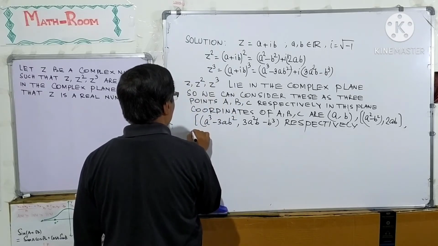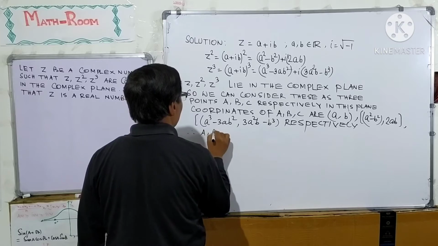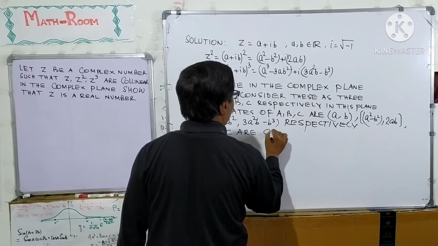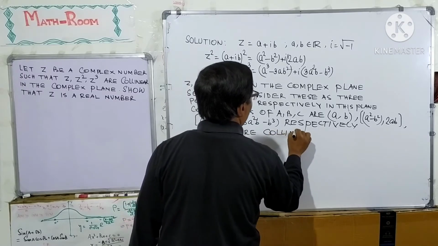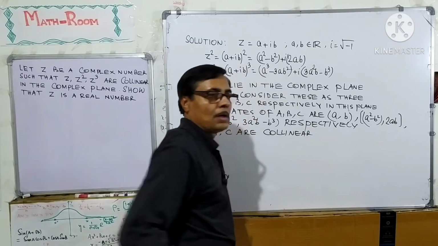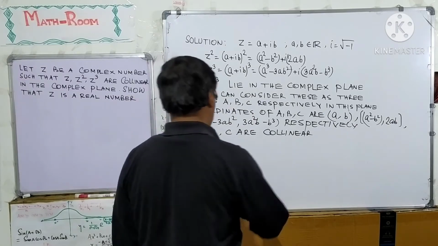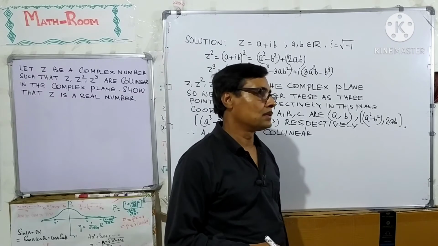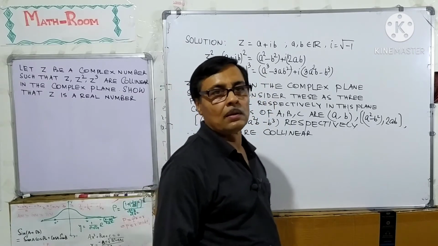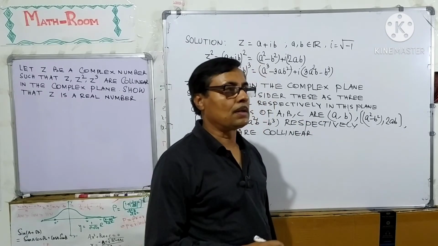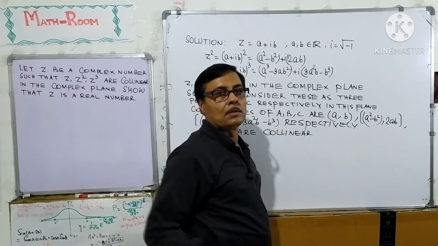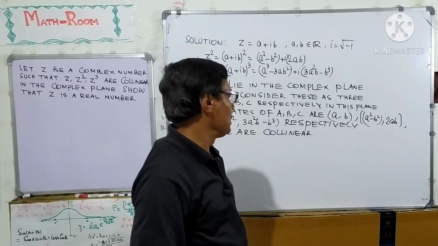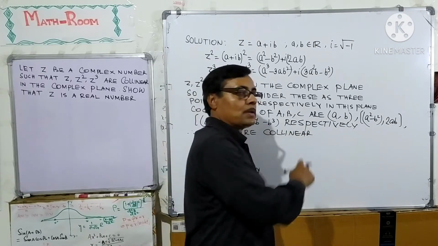So A, B, C are collinear, and we have the condition for collinearity of 3 points. The condition is that the area of the triangle formed by these 3 points is 0. If the area is 0, then the 3 points are collinear.